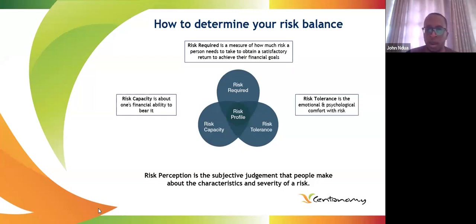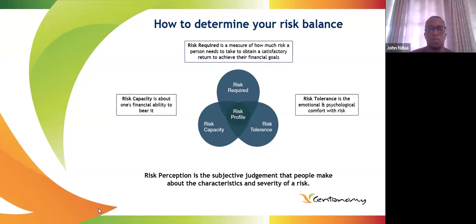And the final one is the risk required. So what do I mean by this? This is directly tied to your financial goals. So let's say, for example, you have 9 million shillings, or 9 million in whichever currency you operate, in cash.